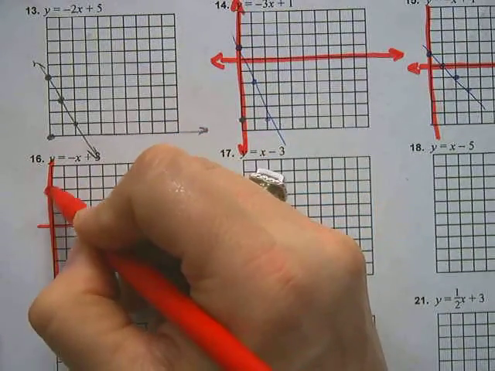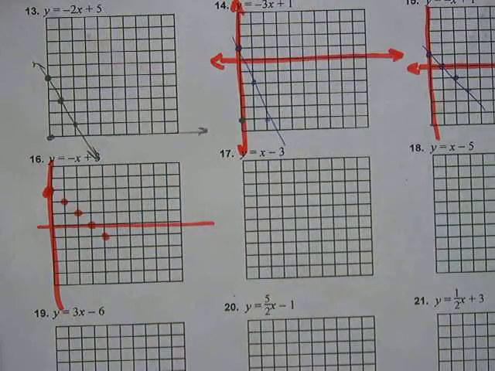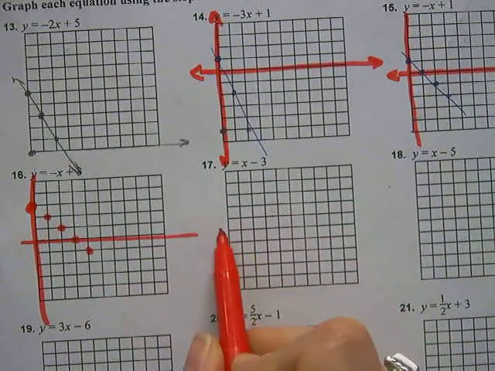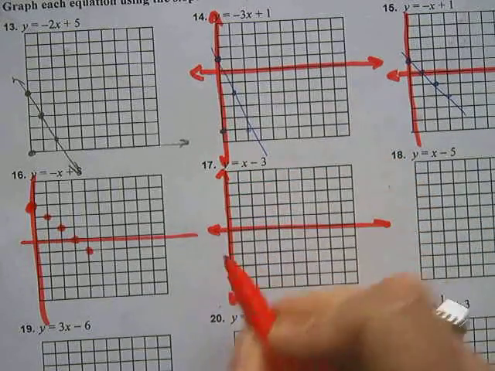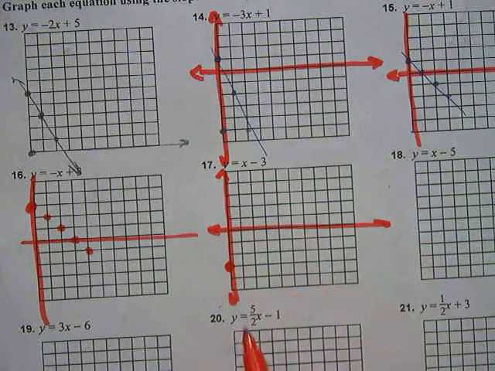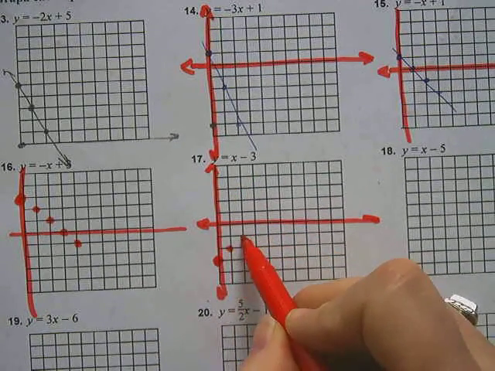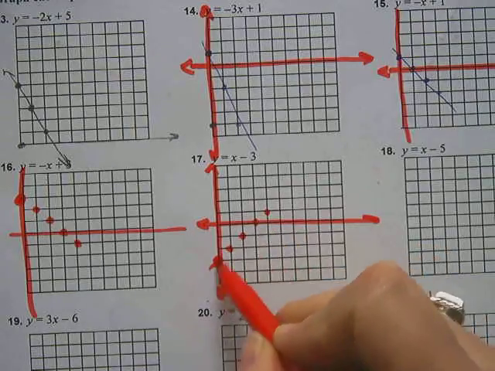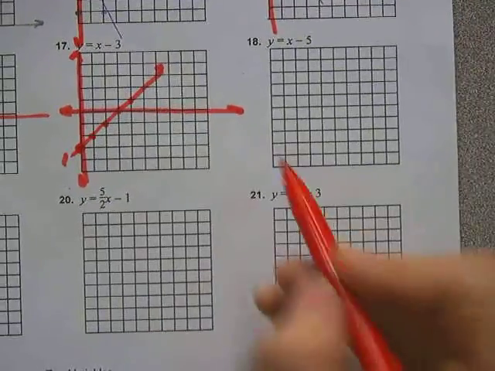This one is a y-intercept of +3, so way up here and slanting down at a rate of 1. This graph has a y-intercept of -3, and we're slanting upward at a rate of 1. So that's going to look like this.